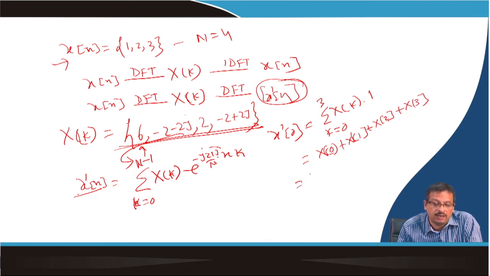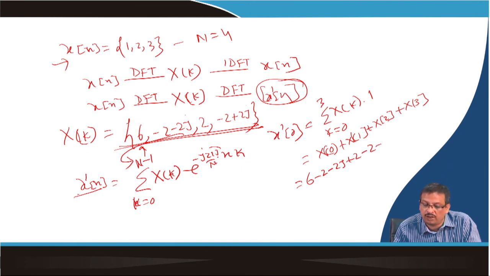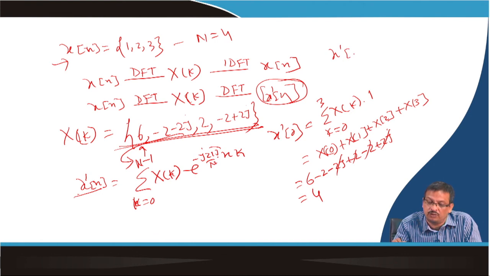So this is nothing but 6 plus minus 2 minus 2j plus 2 minus 2 plus 2j. So this is nothing but 4. So I can say x prime[0] is equal to 4.